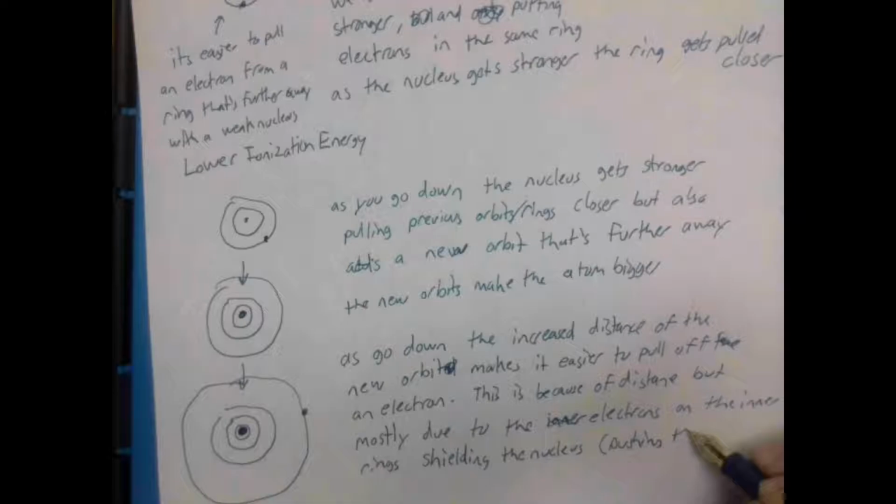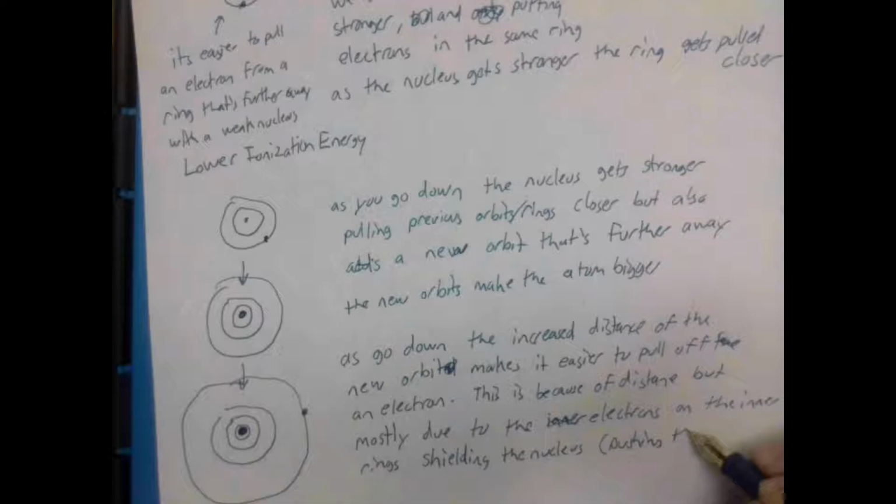So all the electrons in these inner orbits are counteracting some of the charge of the nucleus. So this electron and these protons are shielding each other. This electron sees all these negative charges and the central positive charge too. It's mostly the shielding and distance that does it.